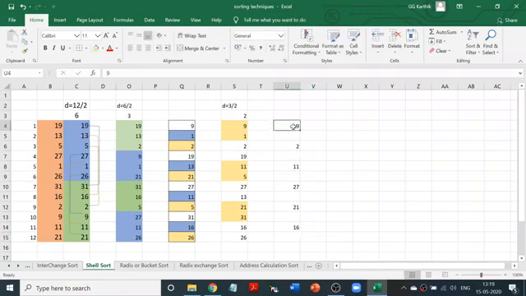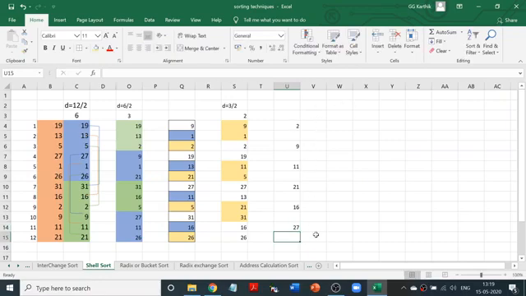So it becomes 2 and then 9. 9 and 11, it stays the same. 9 and 27 stays the same, but 27 and 21 doesn't. So it's going to be 21 and then 27. 27 and 16, obviously 16 here and 27 here. So we have done it.